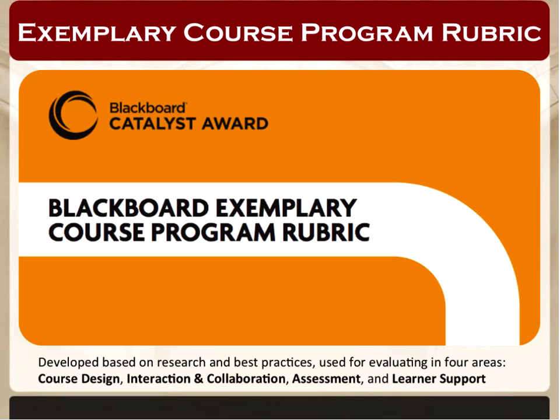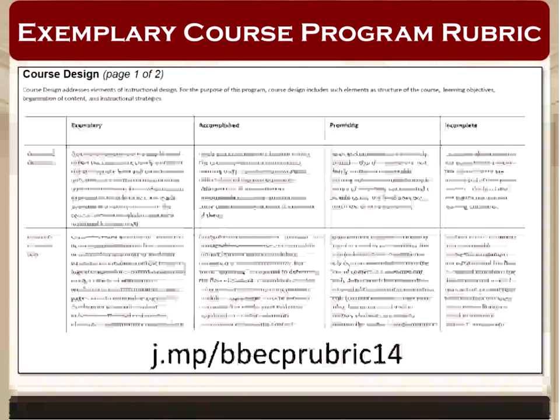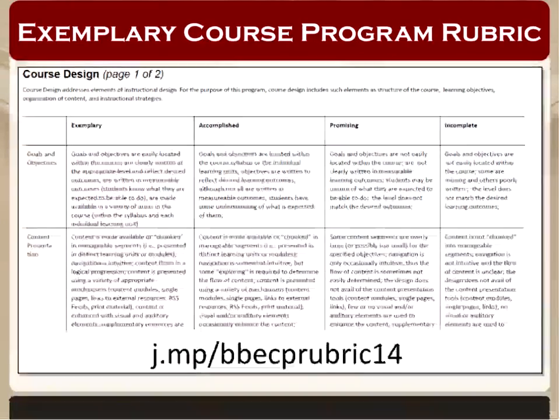And this rubric really looks at 4 key areas: course design, interaction and collaboration, assessment, and learner support. So those are these 4 key areas. And the rubric recognizes courses that demonstrate excellence in those areas. Within each of those 4 key areas, there are criteria that have been established.